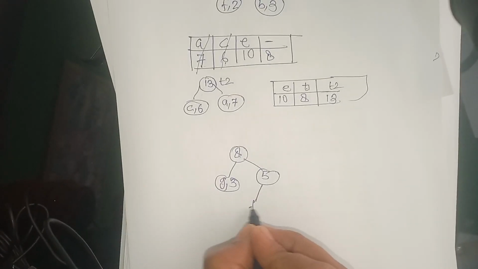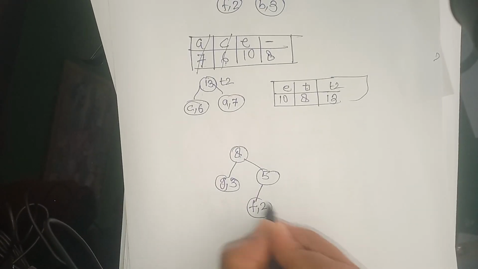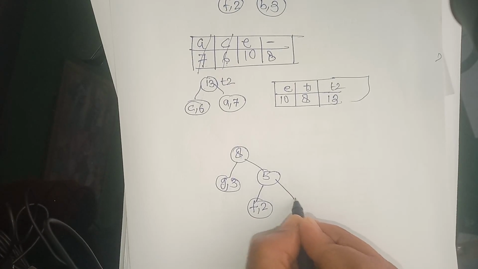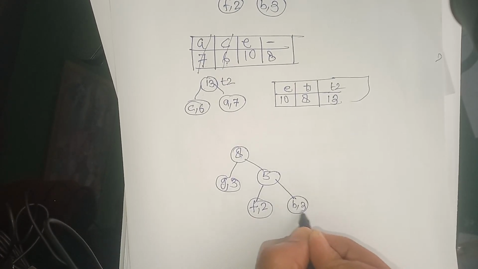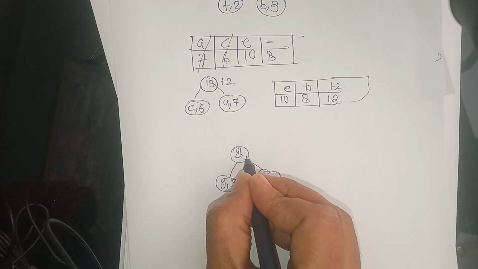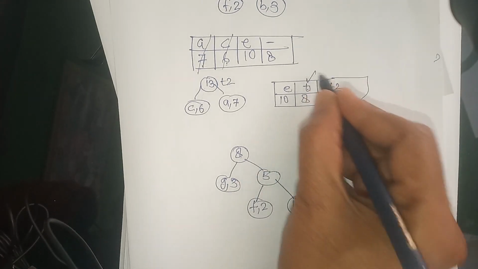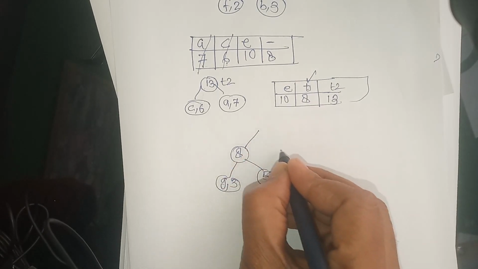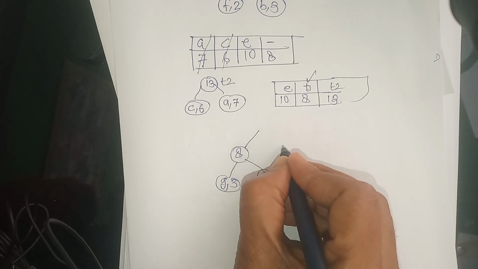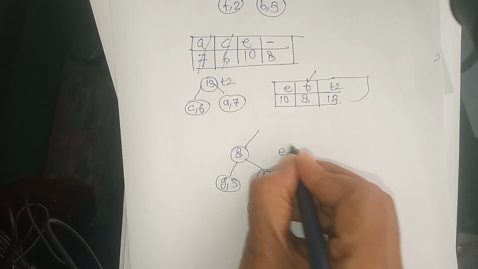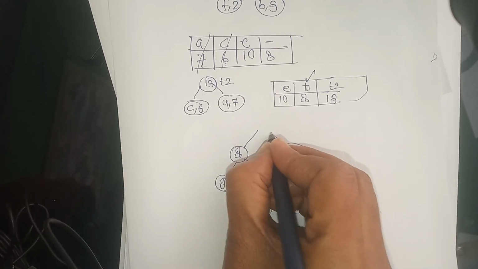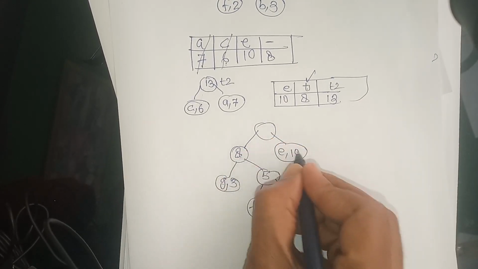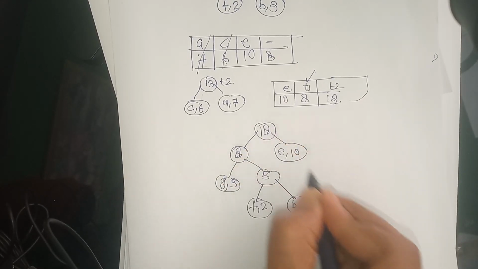This is F2, and right hand side is B3. So this is T1, and next we have to select E. E will come on the right hand side, E10. So we will add up these frequencies, 8 plus 10 is equal to 18.